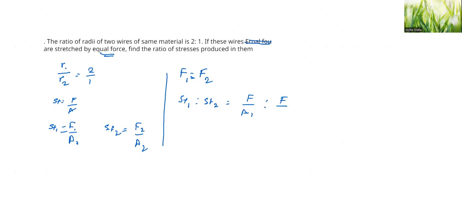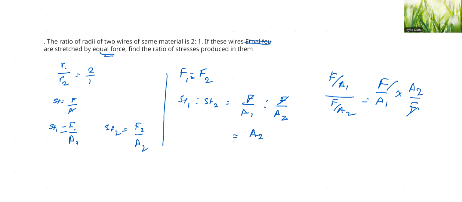Force and force get cancelled, so F by A1 into A2 by F, which is nothing but A2 by A1, area 2 by area 1.